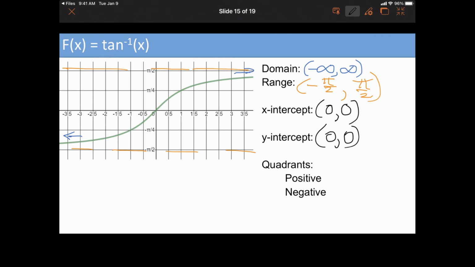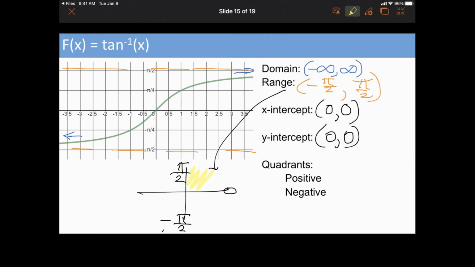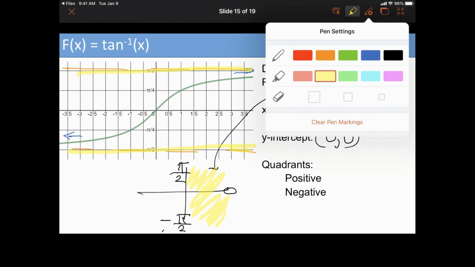Now, the range for tangent is similar to, I'm sorry, similar to sine. Okay. So it's between negative pi over 2 and pi over 2. But not inclusive.